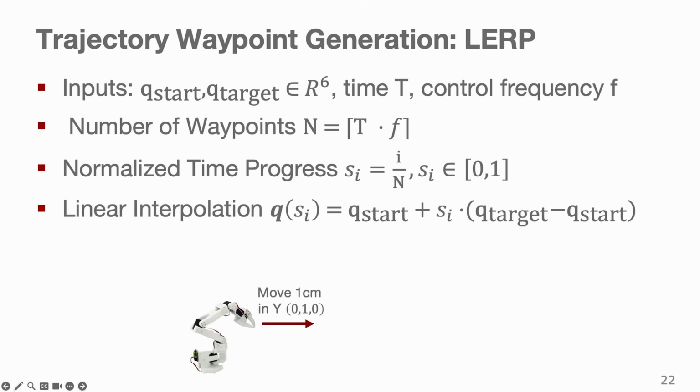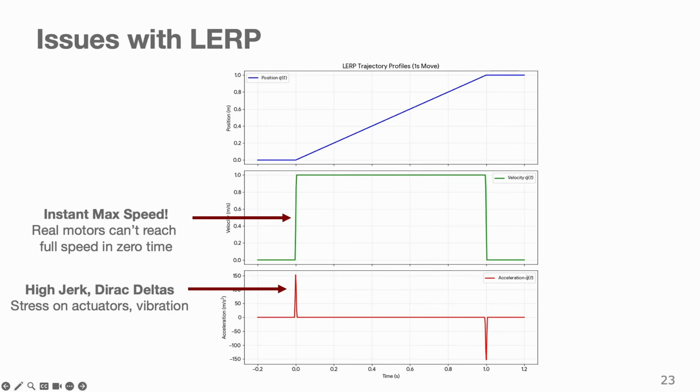However, there is an issue with this approach if we do linear interpolation. While it's very simple and very easy to write down, it's actually pretty bad for our robot, because this essentially means it will go to full velocity at the first time step, and you see how this velocity looks.